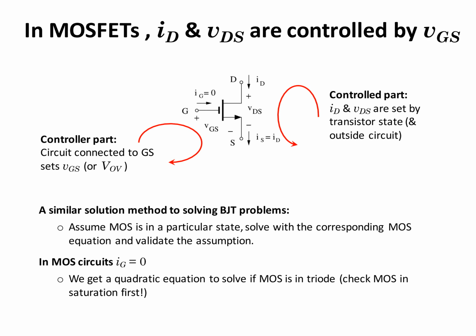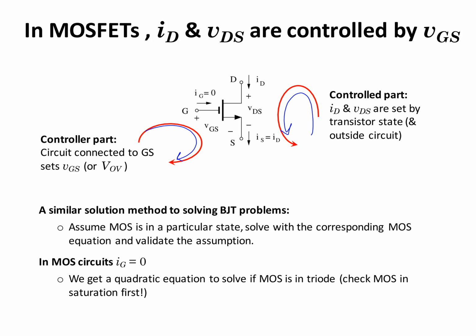So in MOSFET, similar to the situation that we had with BJTs, the gate to source voltage or V overdrive controls the value of ID and VDS. So the gate to source circuit is the controlling part, and the value of VGS controls ID and VDS.